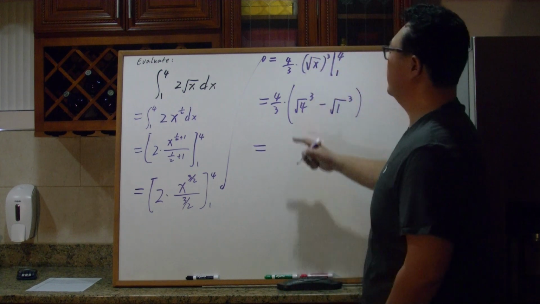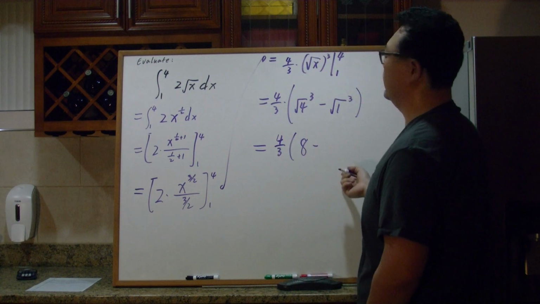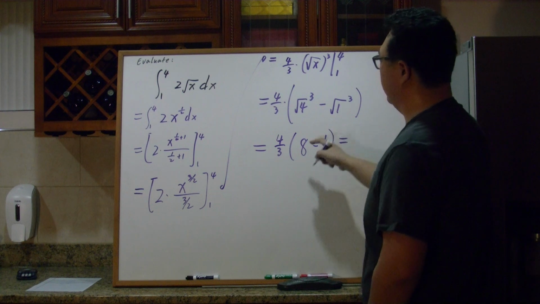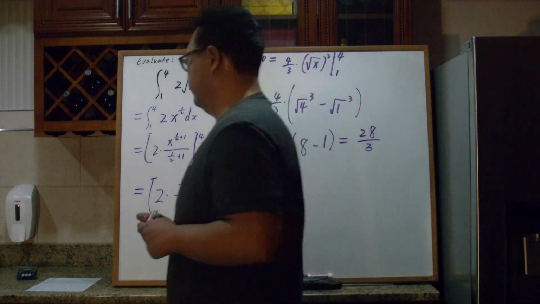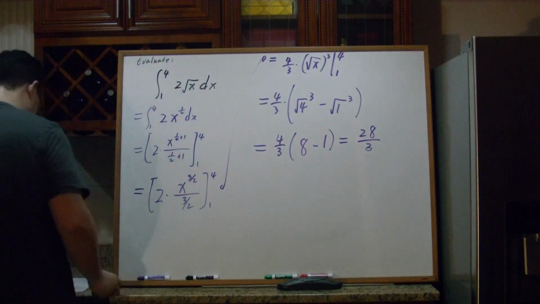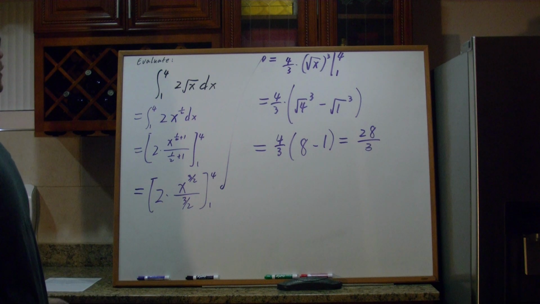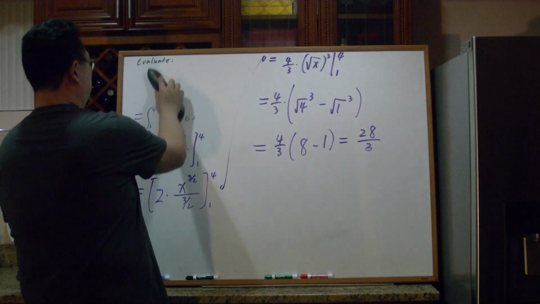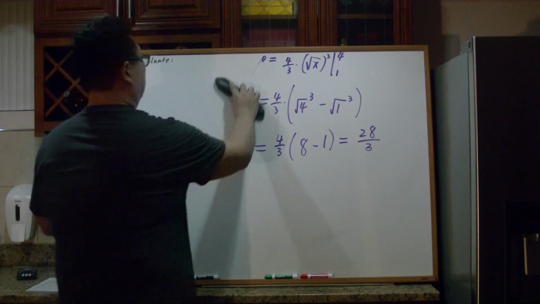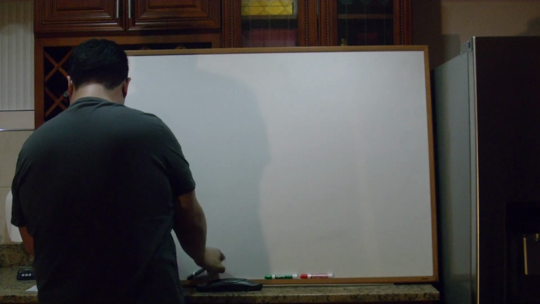Radical 4 is 2, to the 3rd is 8. 1 to the 3rd is simply 1. That's 7. 4 times 7 is 28 over 3. That is this function. Then the next one will be a little trickier.